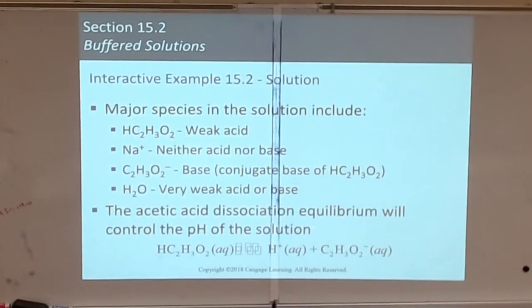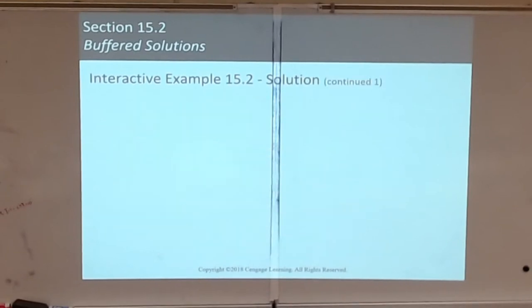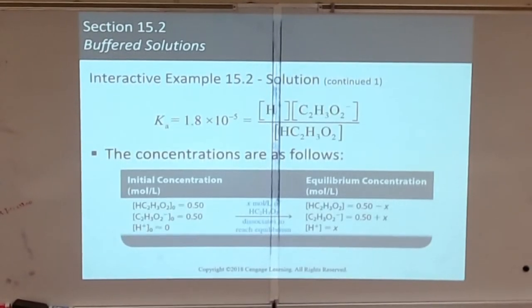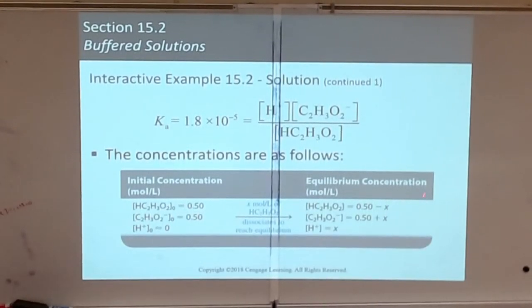Because even if I drive it back that direction, I still don't have that many free to take up. Okay. So you've got your reaction here, because that's aqueous and aqueous and aqueous. Here's my initial concentration and my equilibrium concentration. Go ahead and write that out.